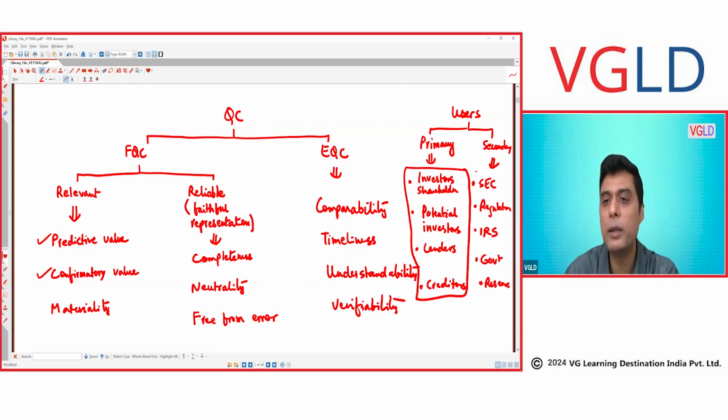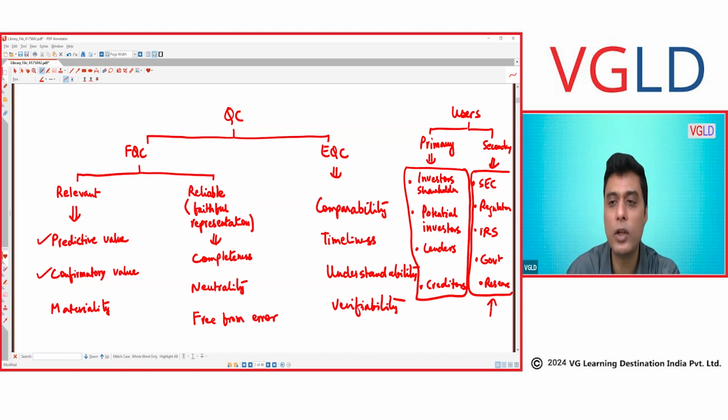And other people are just using the information for their own benefit. The income tax authority wants to take income tax from you. Government wants to take certain other kinds of taxes from you. The SEC will charge a filing fee from you. So they're actually making money from you. I'm not saying this in any negative or derogatory sense, but factually, you are paying money to them.